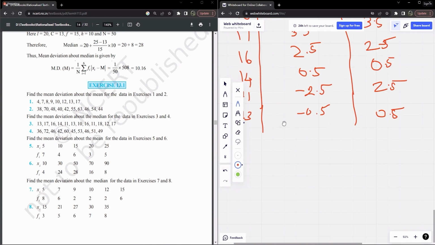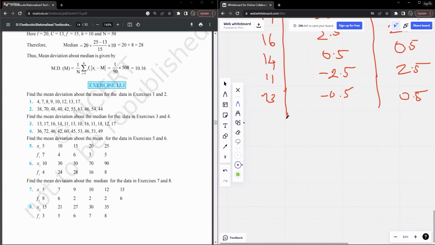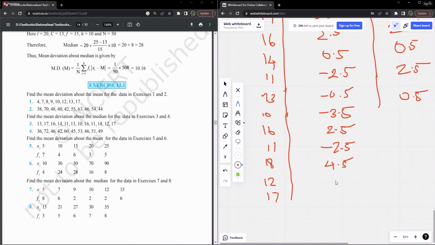And then the last 6 numbers, which are 10, 16, 11, 18, 12, and 17. 10 is going to give me a minus 3.5. 16 is going to give me 2.5. 11 is a minus 2.5. 18 is going to be 4.5. 12 is going to be minus 1.5.